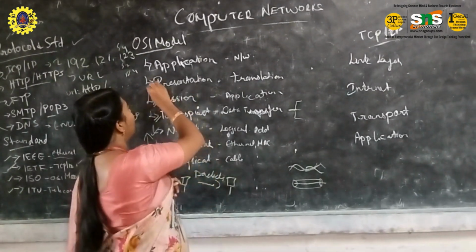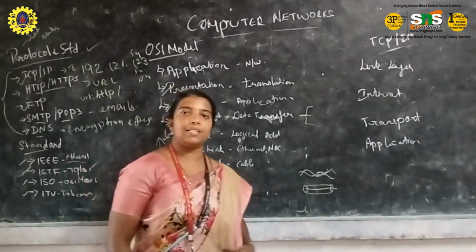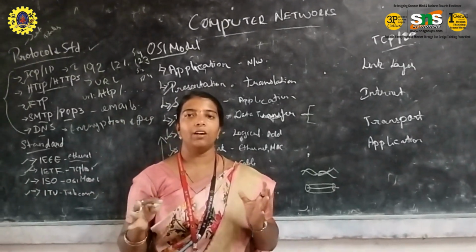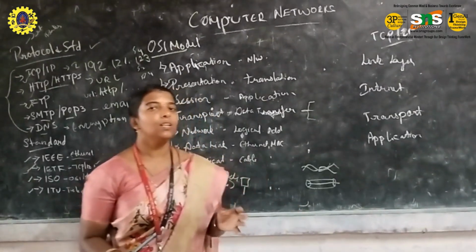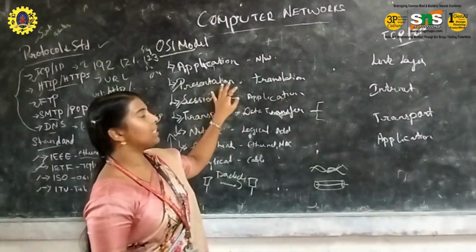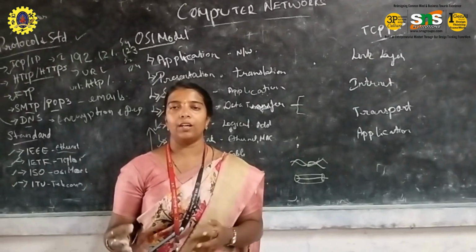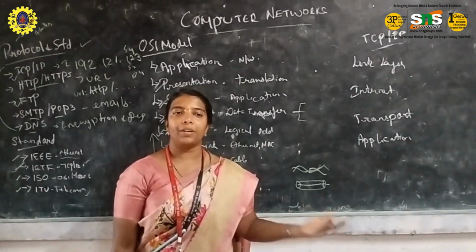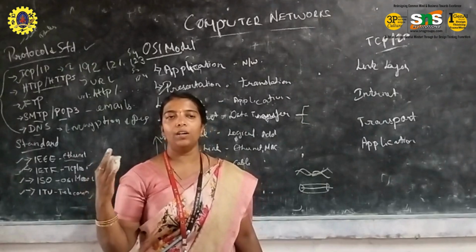Next is your presentation layer, where the translation of your message happens. Everyone knows we have only a binary language in our computer system, that is zeros and ones. This translation occurs even through applications. For example, you can take Google Translator: we can give any other language we know, and it can translate into a normal language.